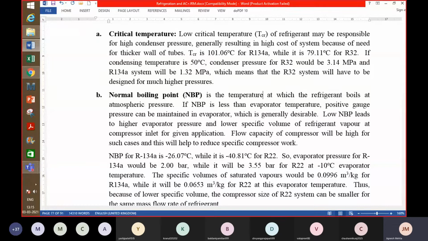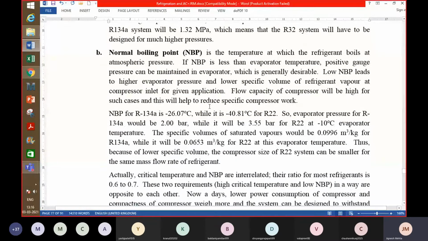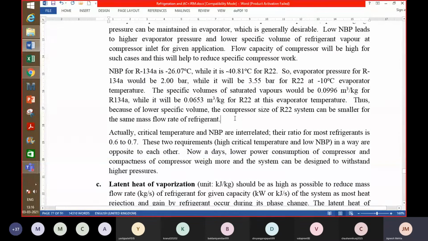The specific volume of saturated vapor for R134A would be 0.0996 at 2 bar and minus 10 degrees Celsius, and for R22 it is 0.0653 meter cube per kg, right? Because of lower specific volume, the compressor size for R22 can be smaller for the same mass flow rate of the refrigerant. So this is how NBP is going to affect the performance of the cycle.